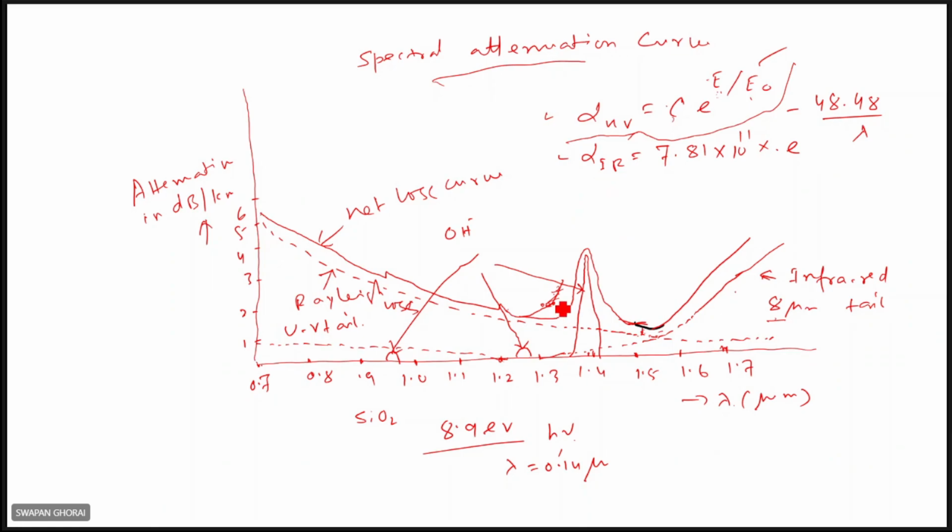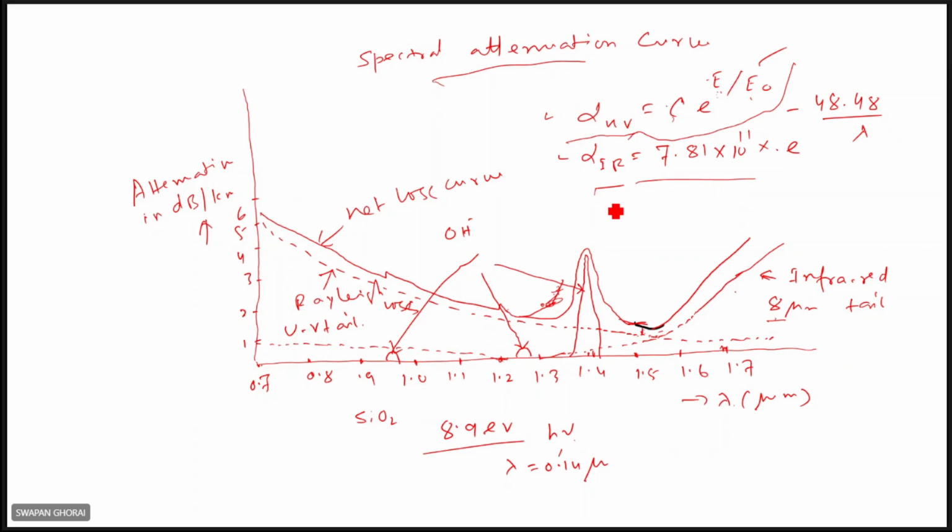Another expression is for the infrared tail, also an empirical relation: alpha IR equals 7.81 times 10 to the power 11 times exponential of minus 48.48 by lambda. So quantitatively you can estimate the attenuation because of the infrared tail and the UV tail.